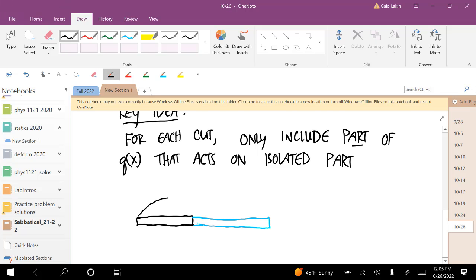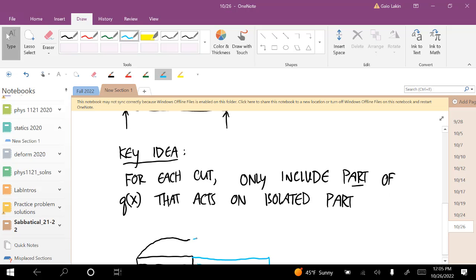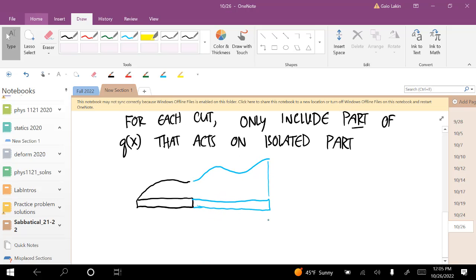And when you do your cut, this stuff is included in your free body diagram and Newton's laws, and the light blue stuff is not included.